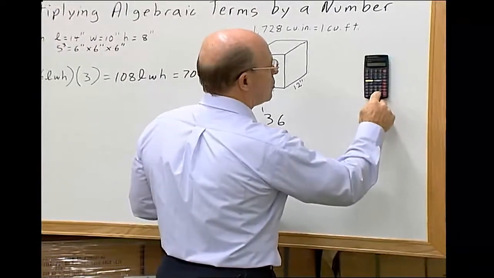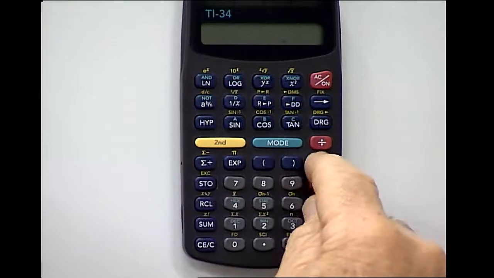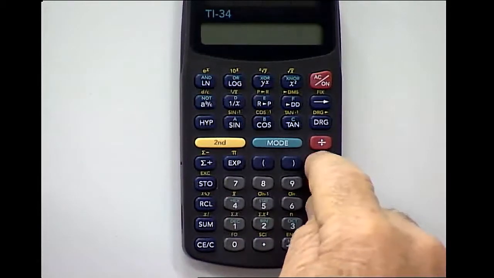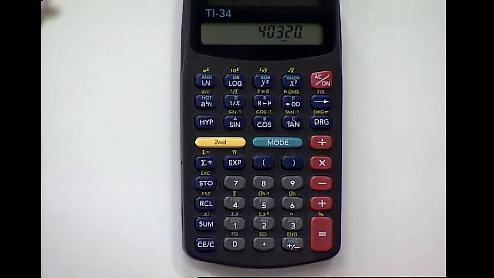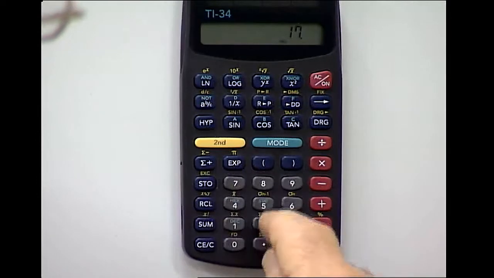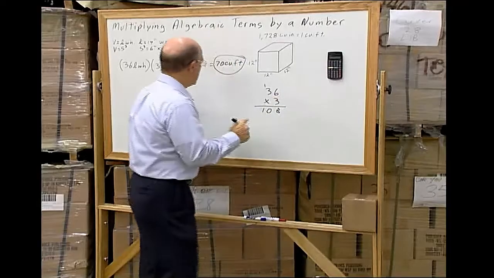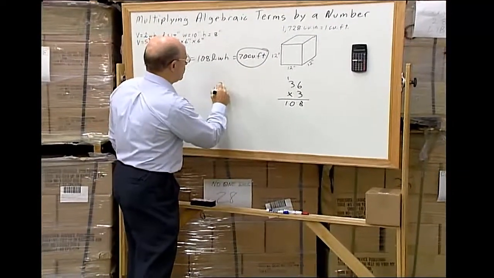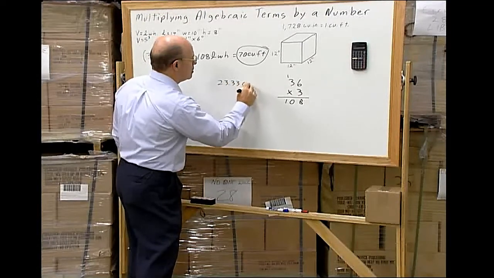Clear the calculator. 36 times 14 times 10 times 8 equals 40,320. Divide that by 1,728. That equals 23.333, so 23.33 cubic feet.